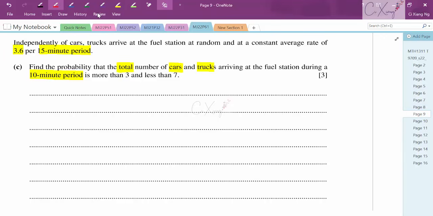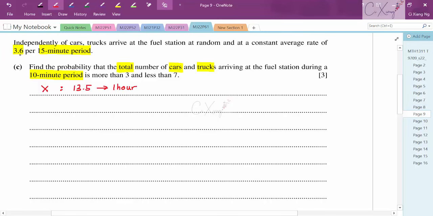Okay, so first of all, we need to figure out what is the total lambda for this 10-minute period. Generally, we are having the X, right? Just now you know that X. Maybe I write it like this. For the X, the lambda is equals to 13.5 for 1 hour.